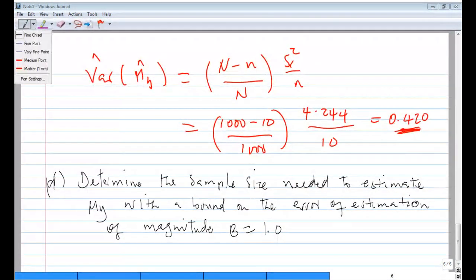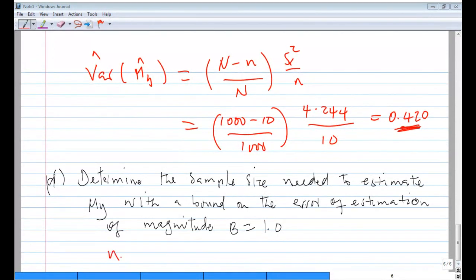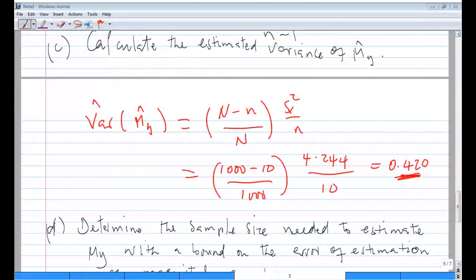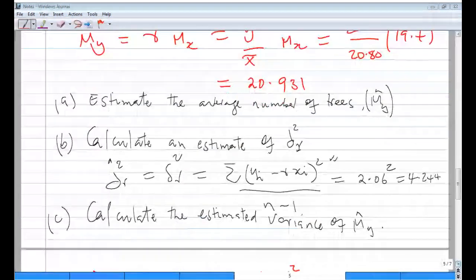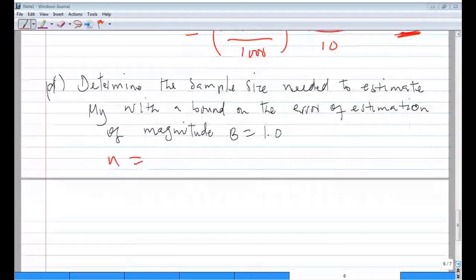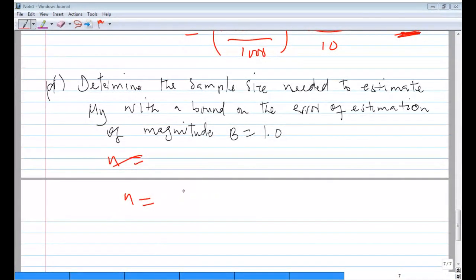So obviously you're going to use this formula. n is equal to N times sigma squared over N times B squared over 4, plus sigma squared.